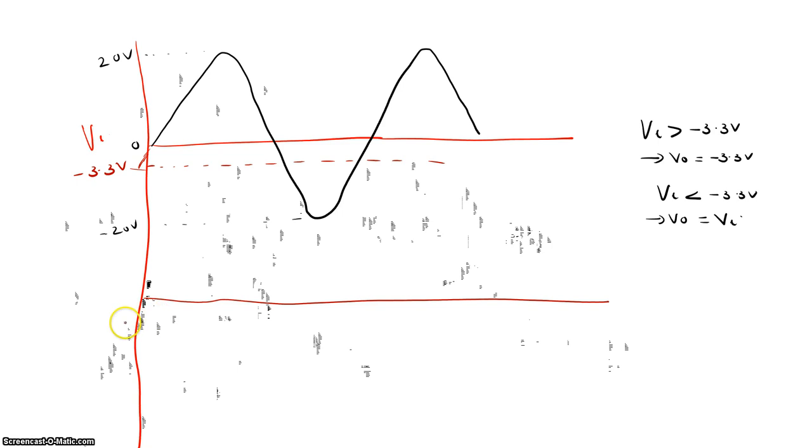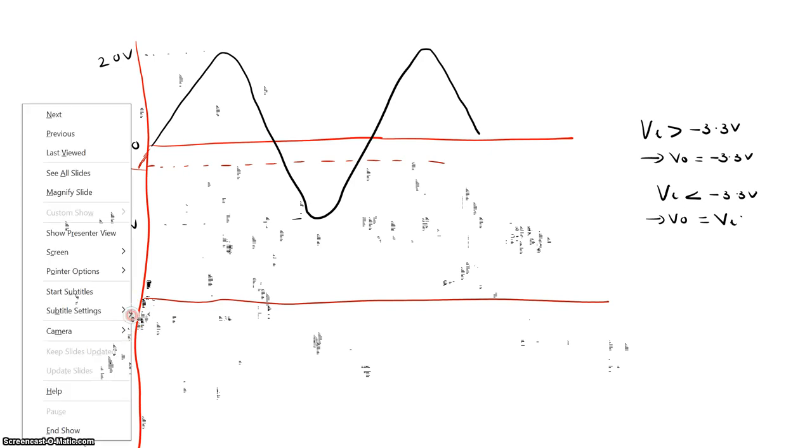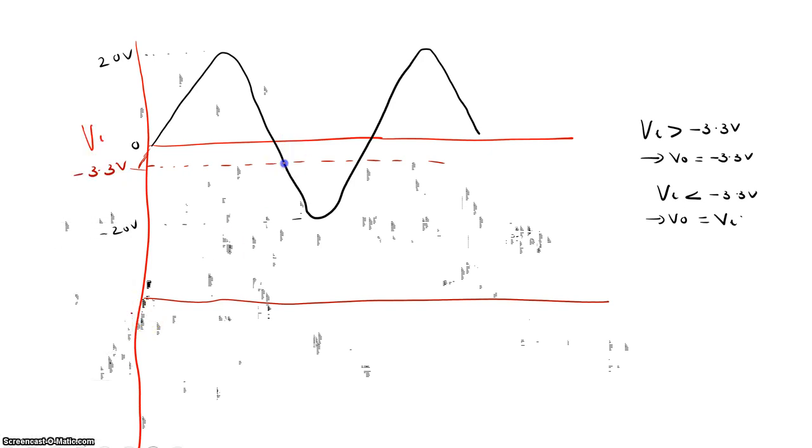From minus 3.3 volt onwards, it is greater than minus 3.3 volt, so your output is a fixed voltage up to here. The moment it becomes less than that, only then will the output voltage change. Up to here, your output voltage is a fixed voltage of minus 3.3 volt, and after that, your output is the same as your input.